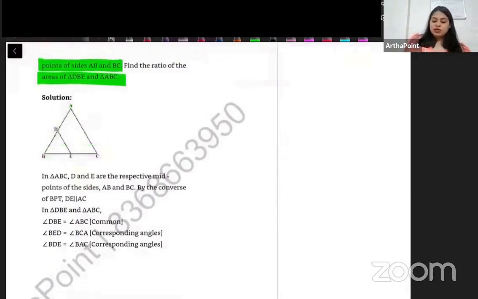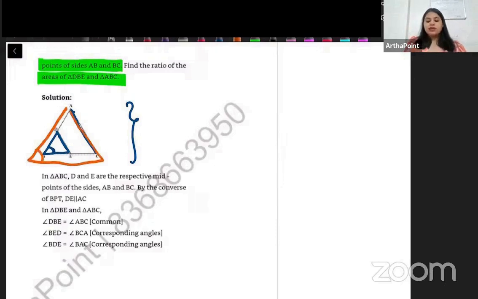So just think about it. D and E are respectively midpoints of the sides AB and BC, midpoints. So from our first theorem that I told you, this means that DE will be parallel to AC. DE will be parallel to AC. Now consider the triangle DBE. इसमें भी angle common आ रहा है, angle B, and consider the triangle ABC. इसमें भी angle common आ रहा है, B. So in triangles DBE and ABC, you have a common angle coming up, right?